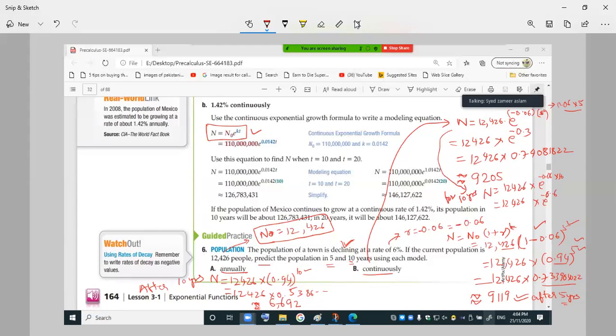So e raised to power minus 0.6. Find this value using shift exponential negative 0.6. The value is coming 0.54881 something.